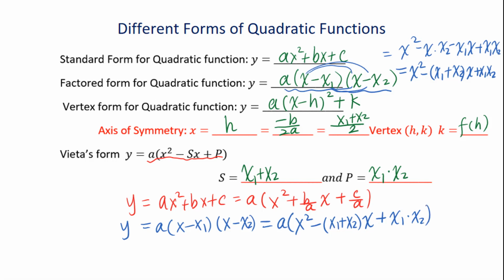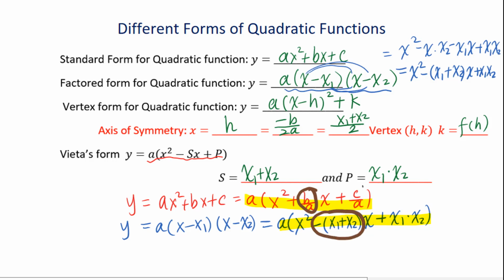We will compare these two forms. They must be equal to each other. You could say b over a equals negative (x1 plus x2), and c over a equals x1 times x2.